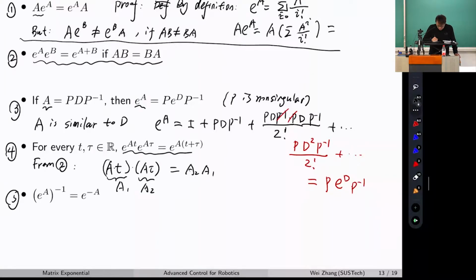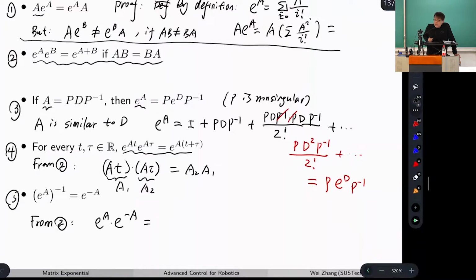Also from 2, we know e to the A times e to the negative A. These are two different matrices, but they can swap the order. So that also gives e to the A plus negative A, which is e to the 0 matrix. As I mentioned, by definition, this is identity.